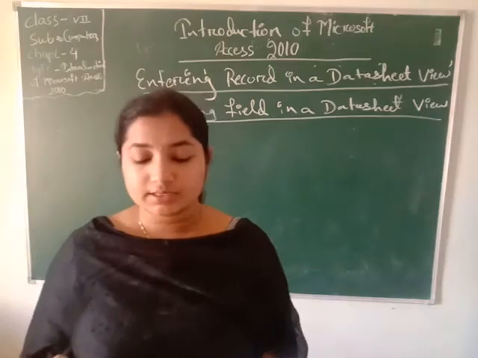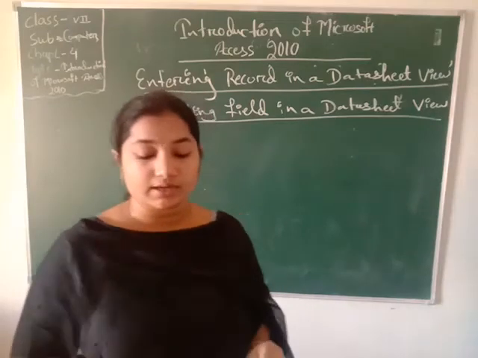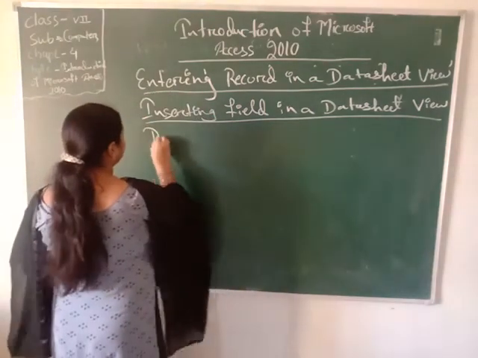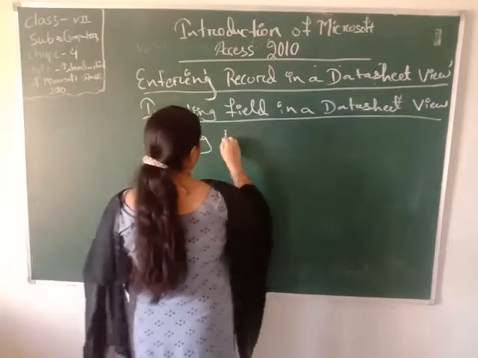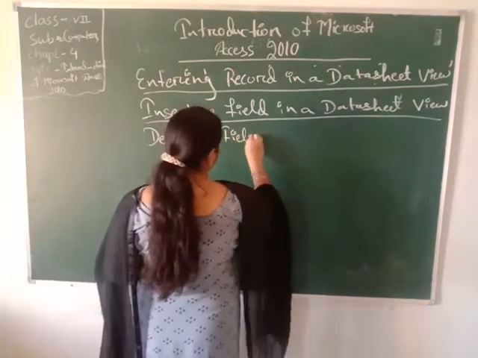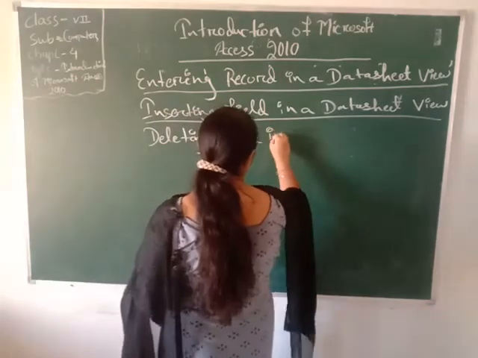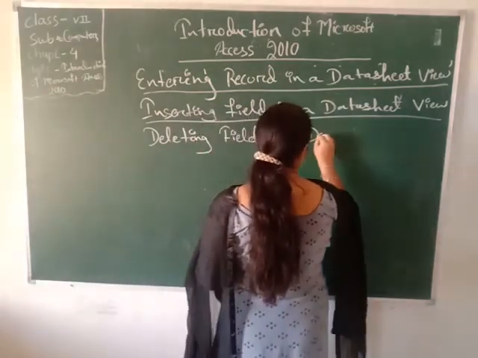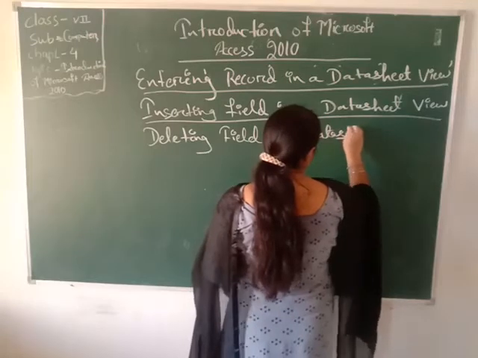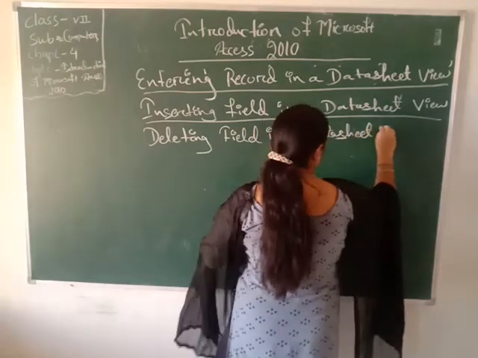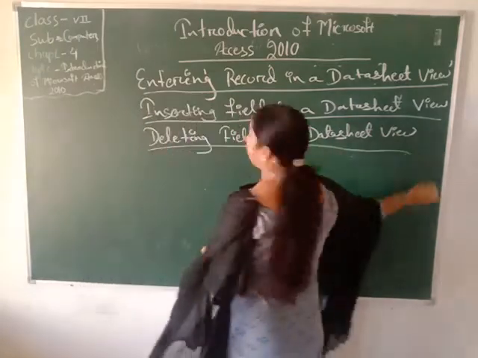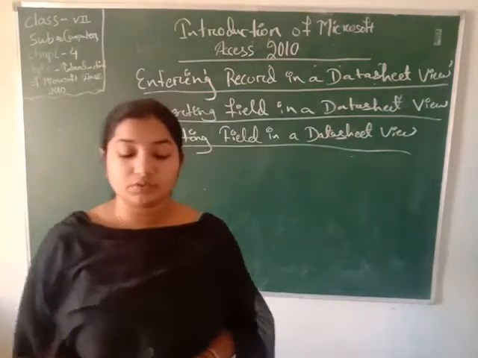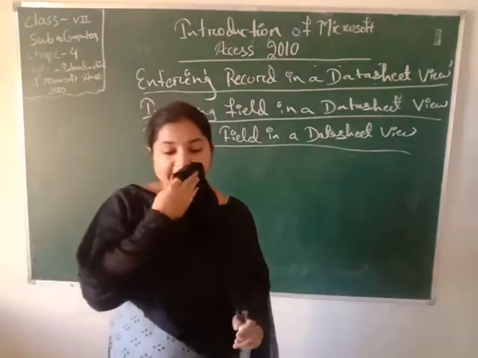So the next is our deleting field in a dataset view. So how we can delete a field in the dataset view?